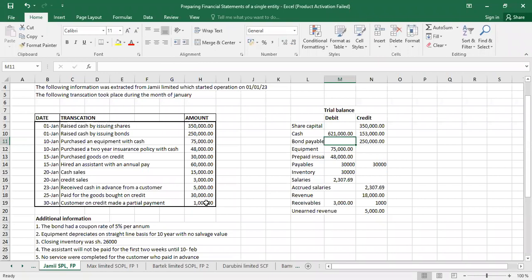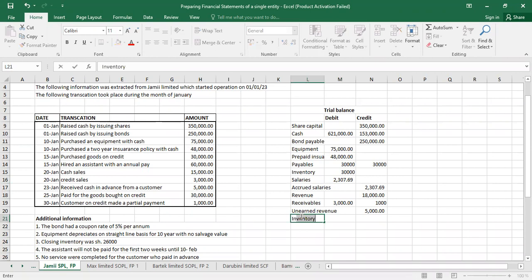Now we go to additional information, isn't it? So the additional information, the first thing is the bond had a coupon rate of 5% per annum. When you hear this, what comes first in your mind? Interest expense.